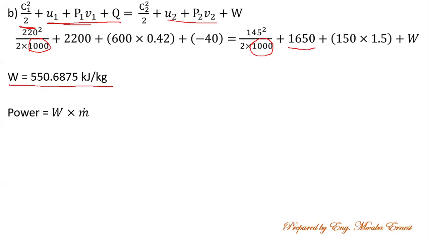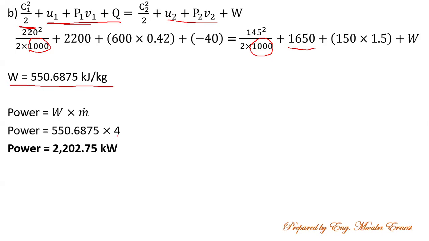Then the kgs will go away, and you end up with kilojoules per second, which is like kilowatts. So we bring them back. The answer we have multiplied by the 4, and we have 2,202.75 kilowatts. That is our answer.